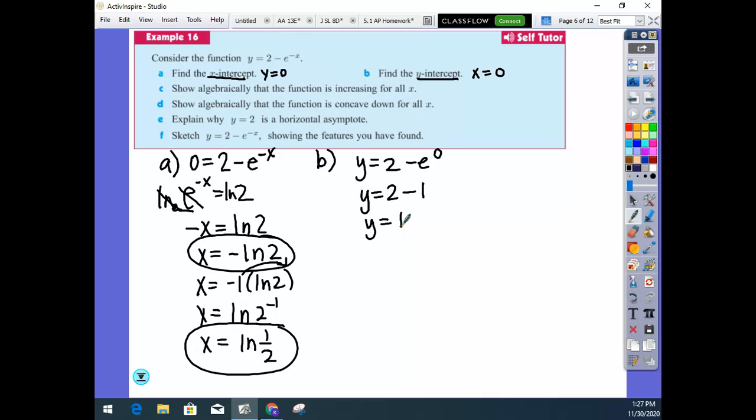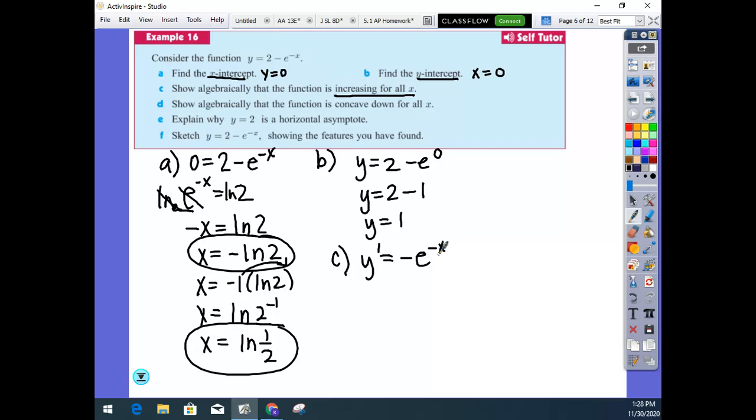All right, letter C. Show the function is increasing for all x. Increasing or decreasing is your first derivative. So when I take the derivative, y prime, the constant goes away. The derivative of e, now be careful, it's really the derivative of negative e.